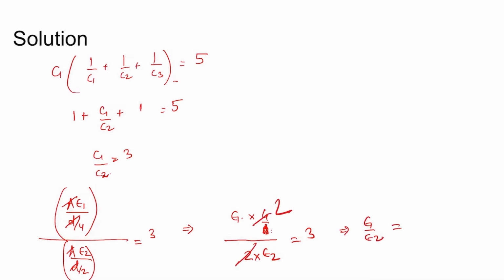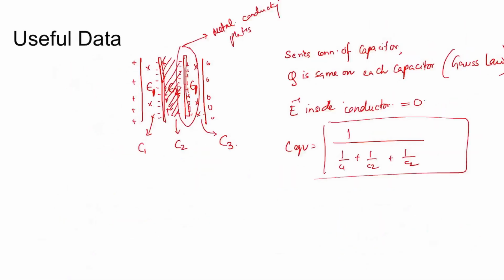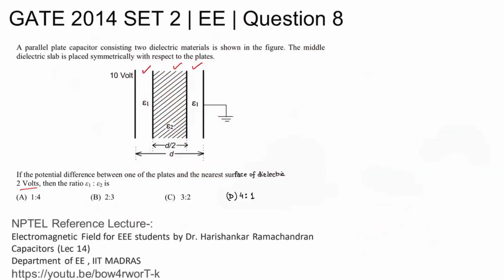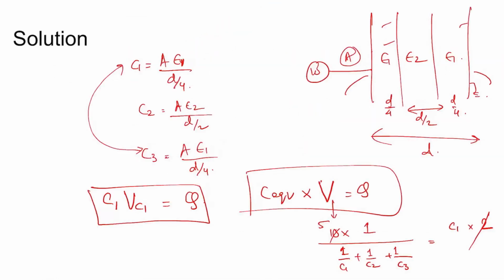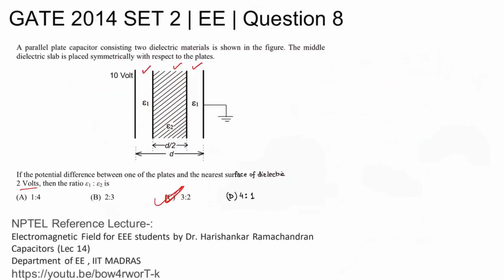So epsilon 1 by epsilon 2 is equal to 3 by 2. So 3:2 is the ratio of epsilon 1 and epsilon 2. This is the answer, 3 by 2. So option C is correct. Thank you.